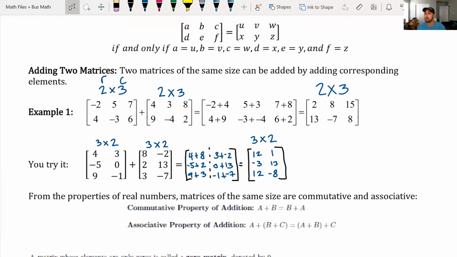Down below are some properties of addition that can be applied to matrices.